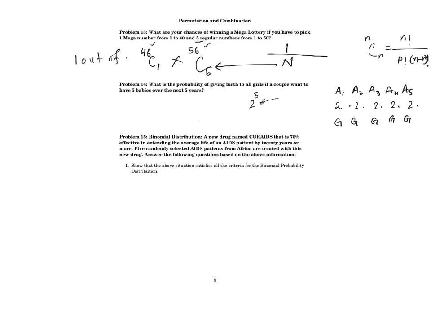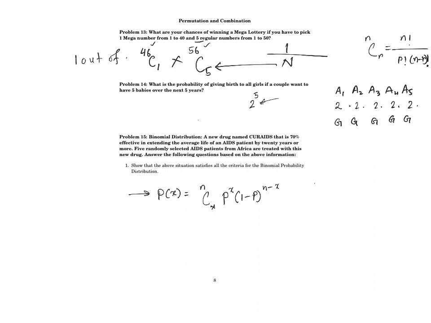Binomial distribution, again, formula for binomial distribution is this: probability of x is equal to nCx times p to the power x times 1 minus p to the power n minus x. So you have to use this formula to find out all the different probabilities and then answer the following questions.